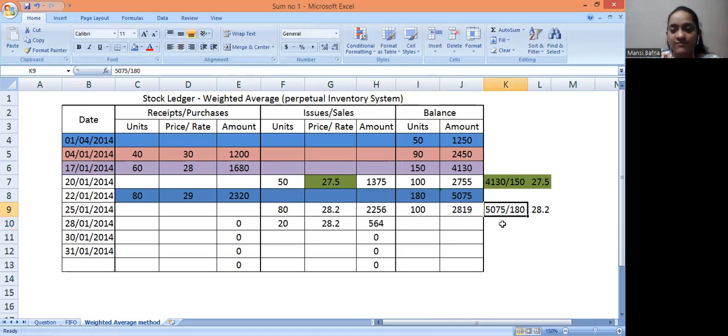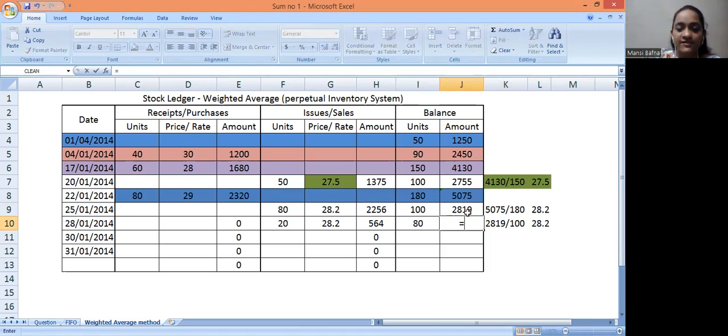And if you want to see the previous balance rate, then what you can do is 2819 divided by 100. So you will get the same rate only, 28.2. Out of these 100 units, 20 units are gone, so you're left with 80 units, and the amount left is 2255.